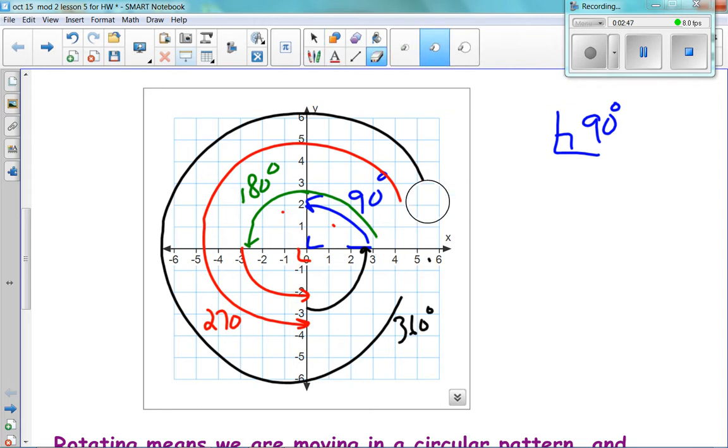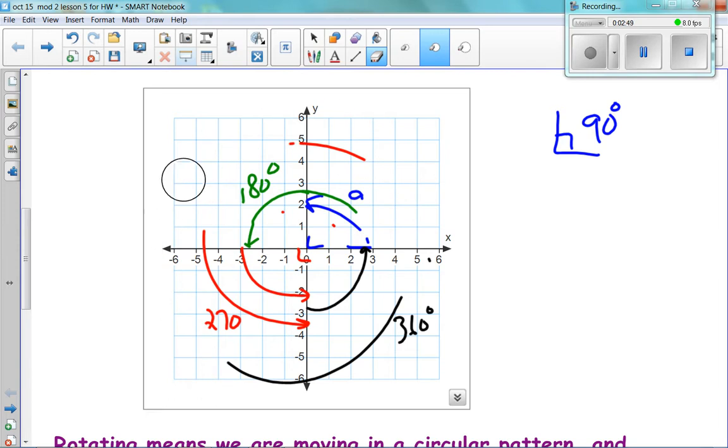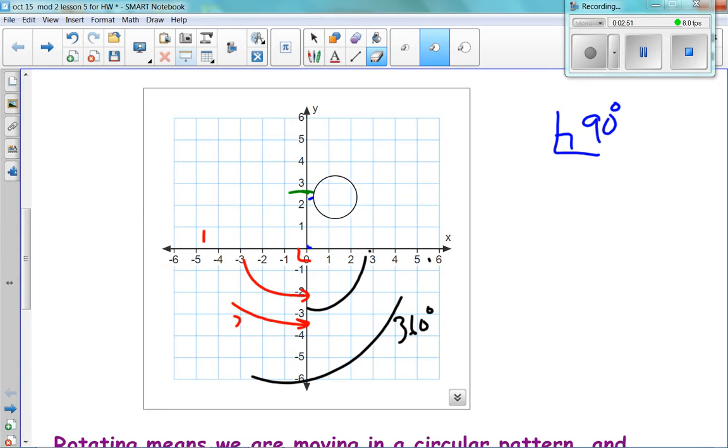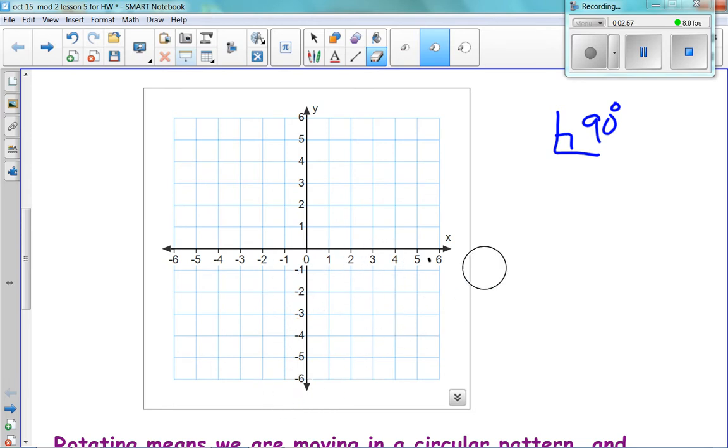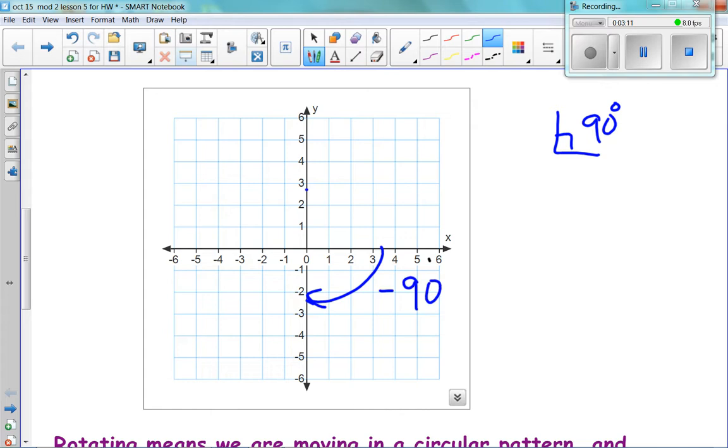Now let's say we want to move in the other direction. We want to move in a clockwise direction. Well, moving in a clockwise direction, we can still move 90 degrees, except it's not considered 90 degrees anymore. If you're moving from the x-axis to the y-axis down in this direction, you're moving negative 90 degrees.